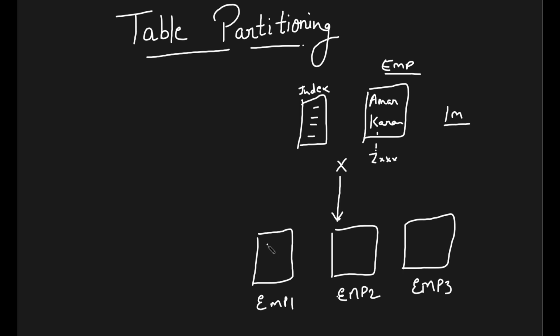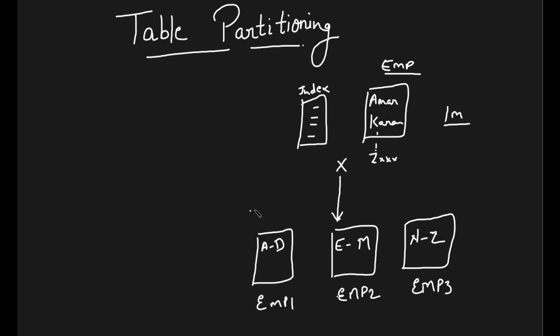This particular partition table will have the data from, let's suppose, A to D only, this one E to maybe M, and this one from N to Z. What I mean is that employees with names starting with A to D will reside in this partition table, E to M will reside in this one, and N to Z will reside in this table.